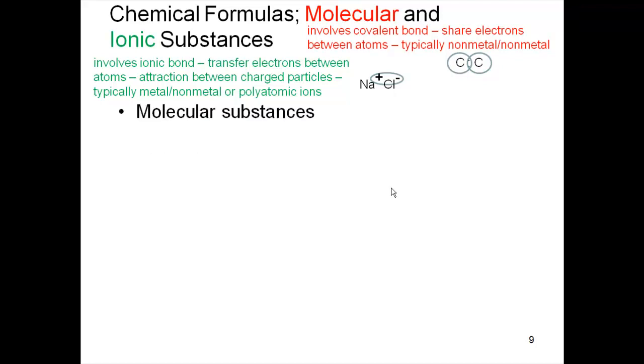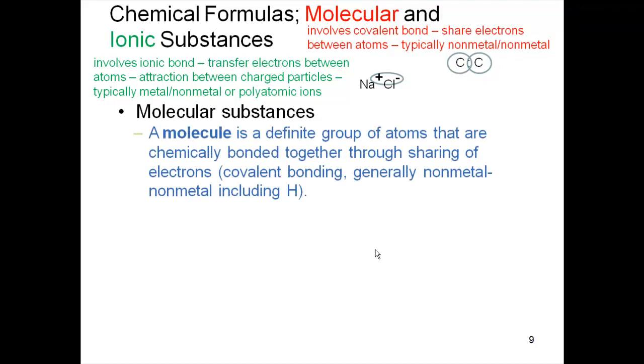For molecular substances, let's talk about some terminology that we use. One is a molecule. A molecule is a definite group of atoms that are chemically bonded together through sharing of electrons. Basically, we have a covalent bond, generally nonmetal. Also realize that hydrogen, even though it's on the left side of the periodic table, is part of the nonmetals.